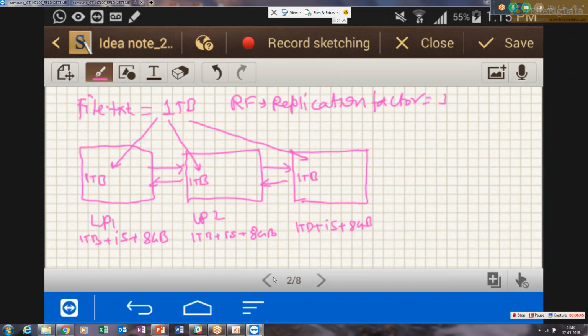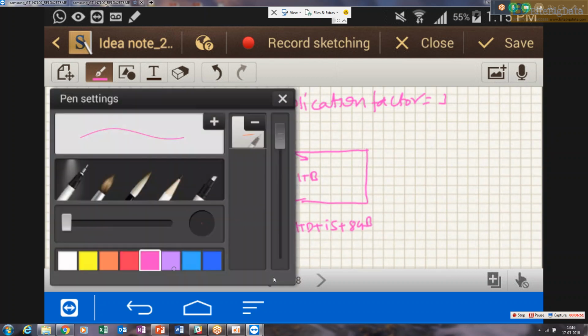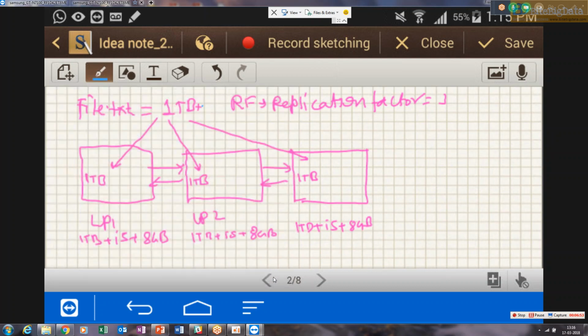What if this data goes to 2 terabytes? Now I have one more terabyte to be stored. So let me change the color. I will say this 1 TB is coming. One more. So what I will do is add three more laptops with the same configuration, and I am good with that.